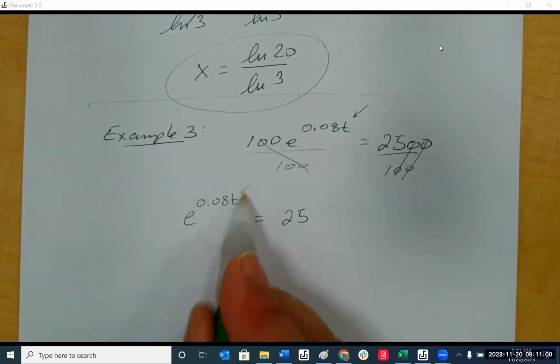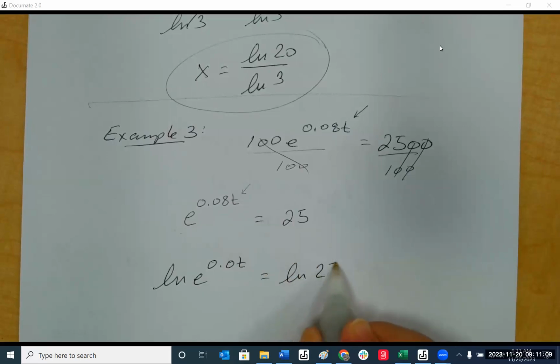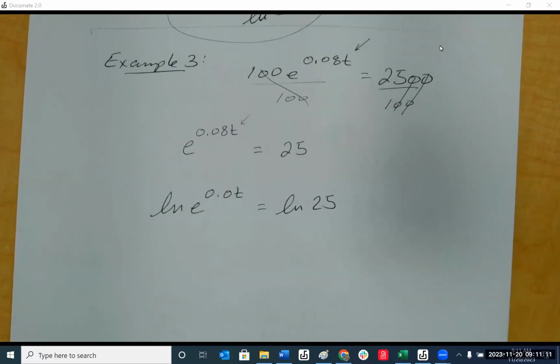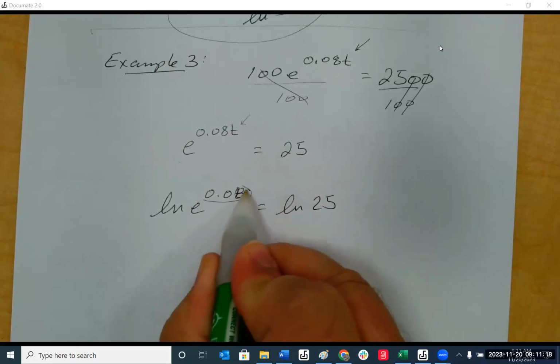Since your variable is in the exponent, let's get rid of it. Let's take the ln of both sides again. That's 0.08t.